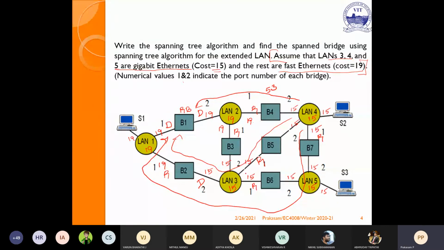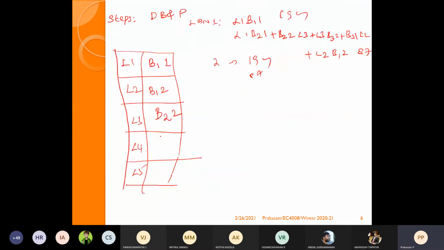Here 15, 30, 45 plus 38, 83. Here 15, 15, 15, 15, 15, 75 plus 38, so 113. Automatically, this is the least cost. So this is the designated bridge and port. For LAN 4, B4, 2 is the designated bridge and port.